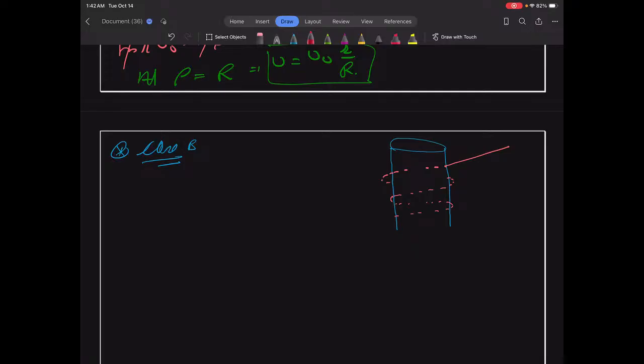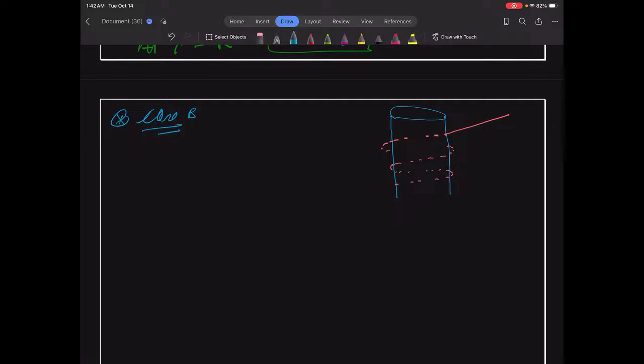So it is going to wind up like a thread on a post. In this case, if we look closely, we can draw this particular figure from the top side also, and that will make it more clear.